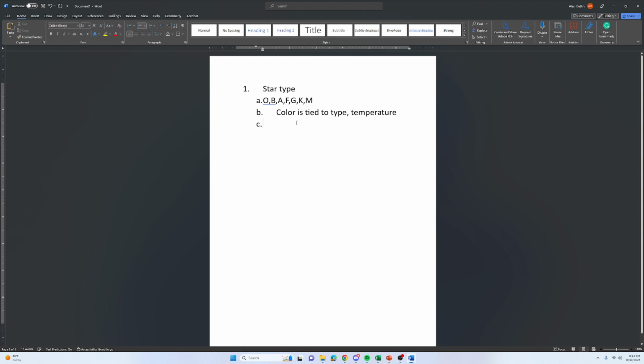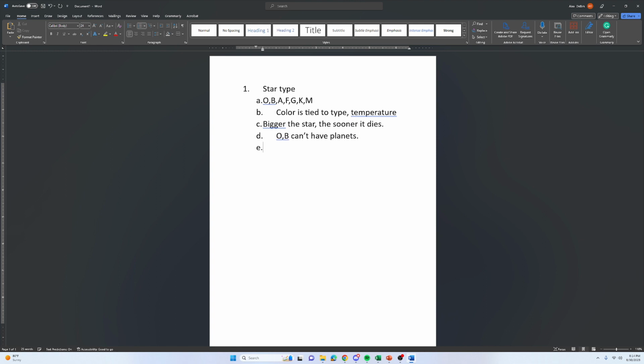Okay? Now, the bigger the star, the sooner it dies. And that's why you mostly have M stars and have very few of these, because these die off quickly and these stay forever. Okay? So O and B can't have planets.